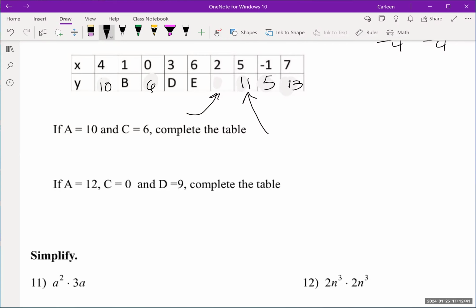Anyone else? We're adding 6. 2 plus 6 is 8. How about E? Yay, good job. 6 plus 6 is 12. And last one. 9. 3 plus 6 is 9. Okay, so the rule is adding 6.